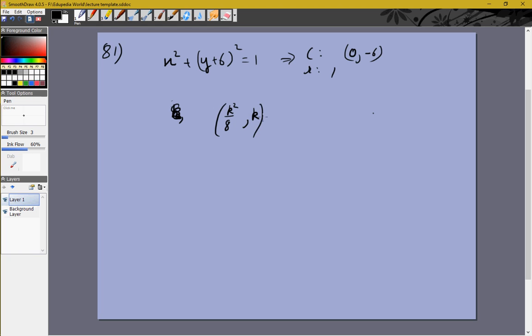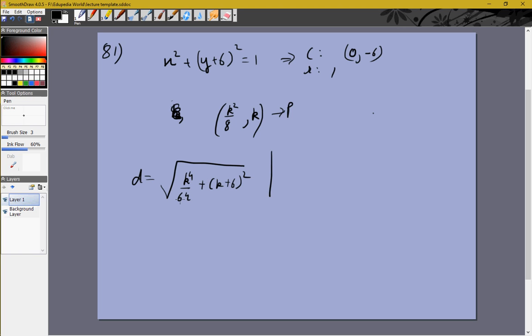So this is a random point P. Now this point has the distance from (0, -6), which is the minimum value. So we can just do that. The distance d will be root of (k squared by 8) whole squared, or k to the power 4 by 64, plus (k plus 6) whole squared. Now this has to be the minimum. If this is minimum, the thing between the roots will also be minimum, which means the derivative with respect to k will be 0.